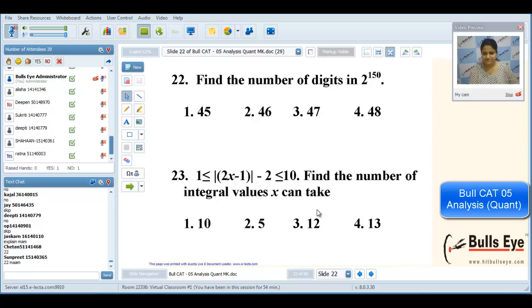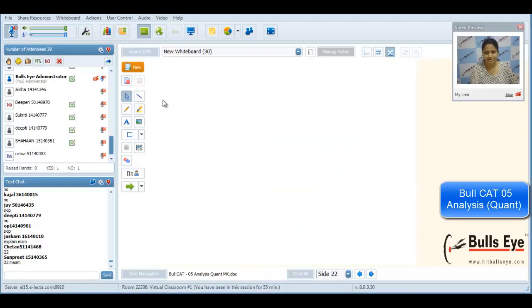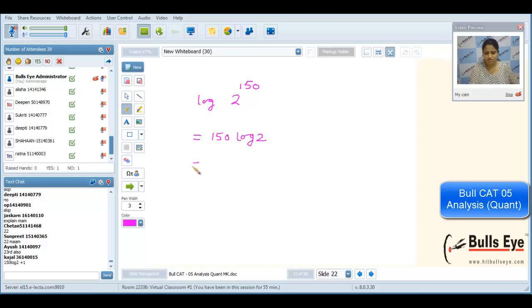22nd. See, whenever you want to find the number of digits in any number, for example in this case, always take the log of that number. It is 2 raised to power 150. We will take the logarithm of this. It will give you 150 log 2. We will calculate it. What is log 2?